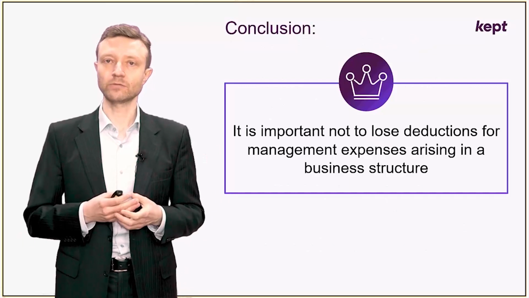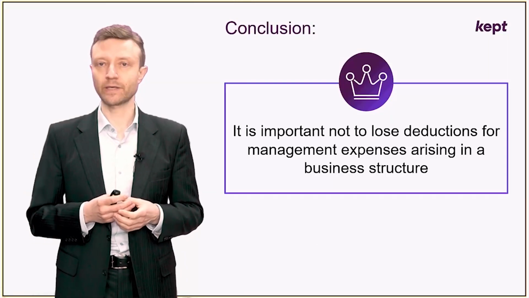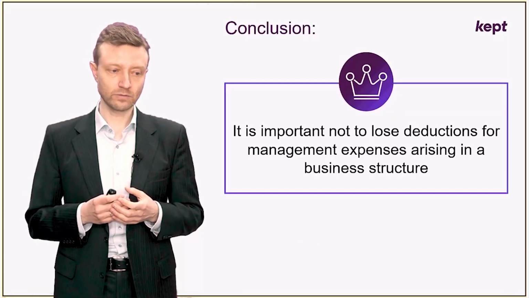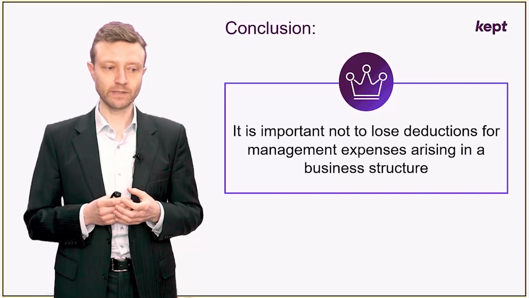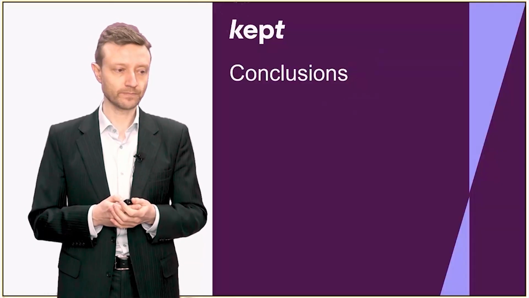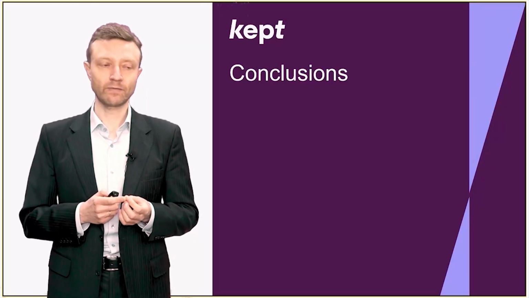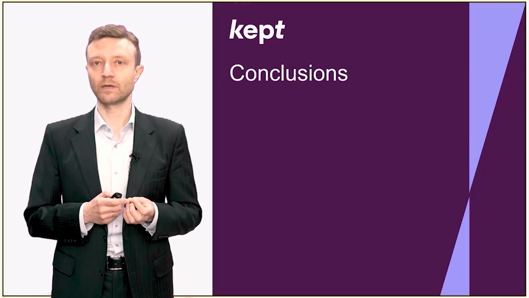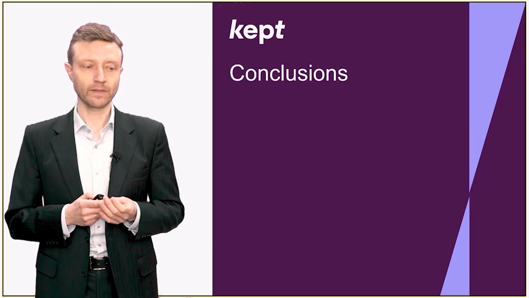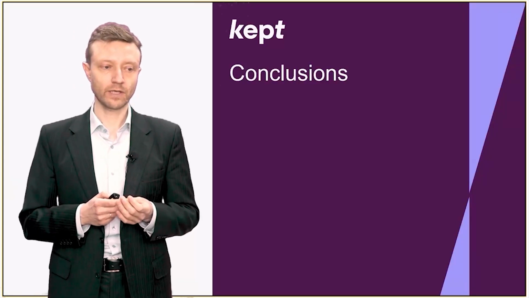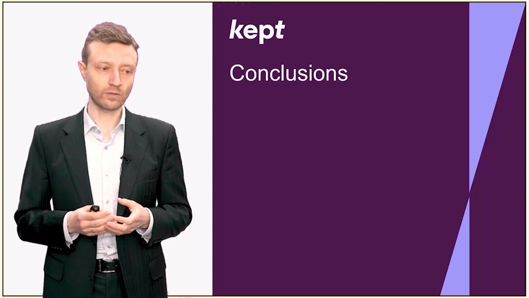So the takeaway here is that it's important not to lose deductions for management expenses arising in a business structure. Okay, so we looked at 12 examples of how the tax efficiency of a business structure can be achieved, increased, or maintained.